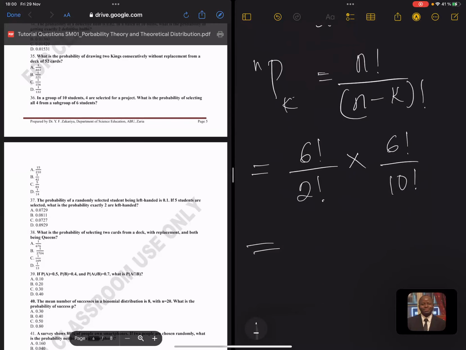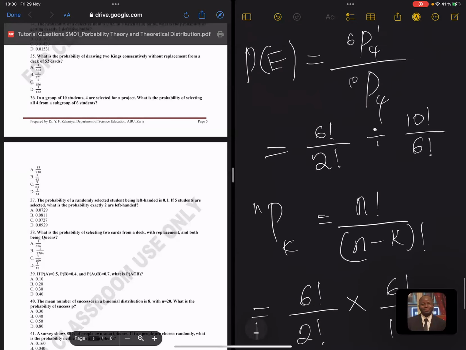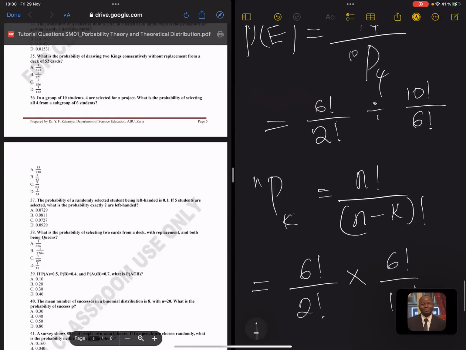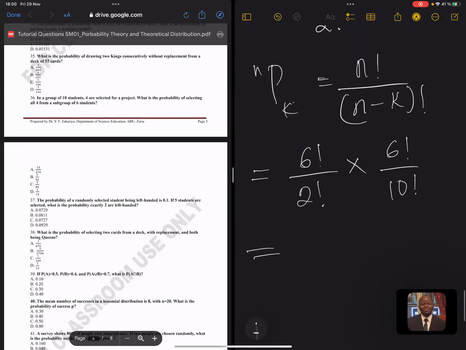You can do what? 6 times 5 times 4. So you can now simplify this. What is 6 factorial divided by 2 factorial? Tell us. 6 times 5 times 4 times 3. 10 times 2 factorial over 2 factorial, so that this can go.